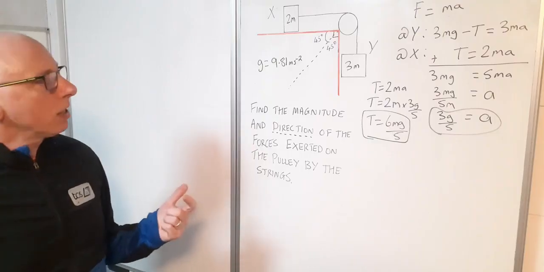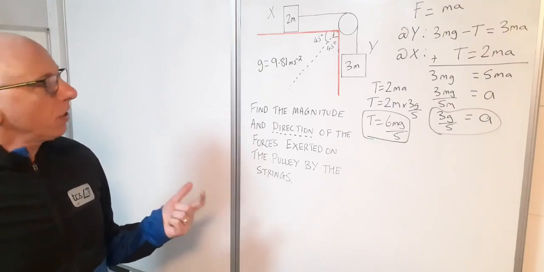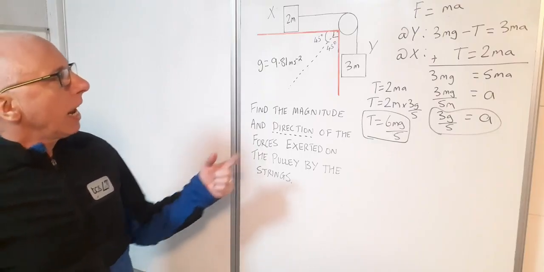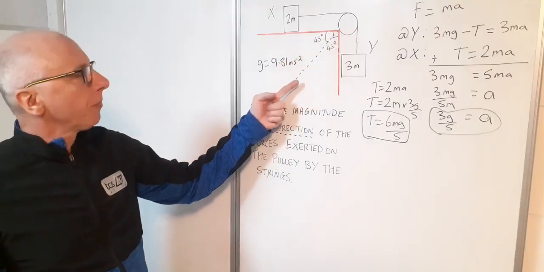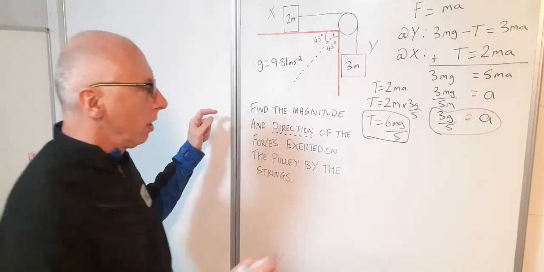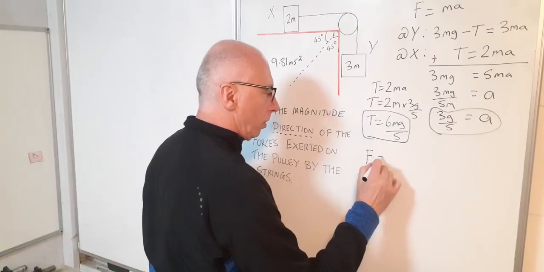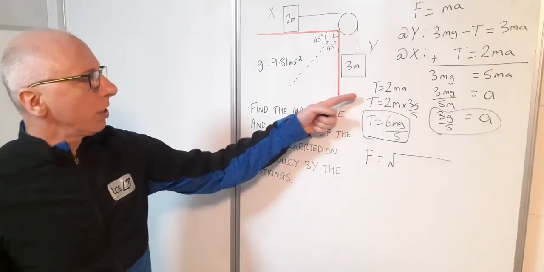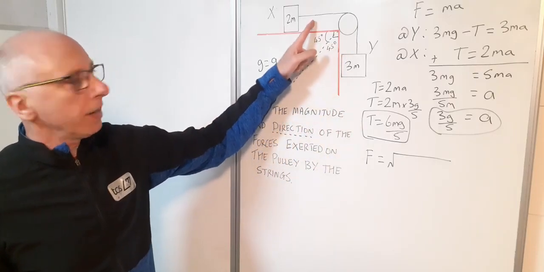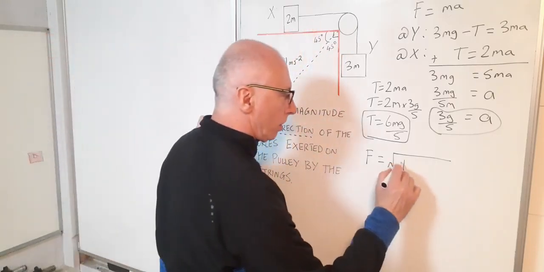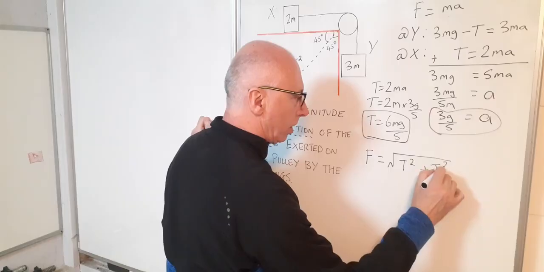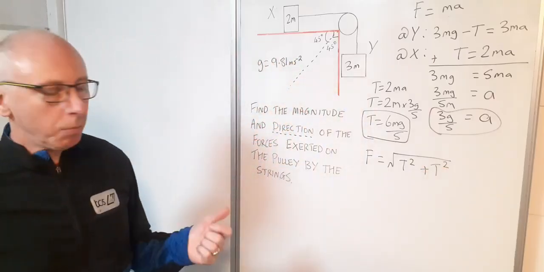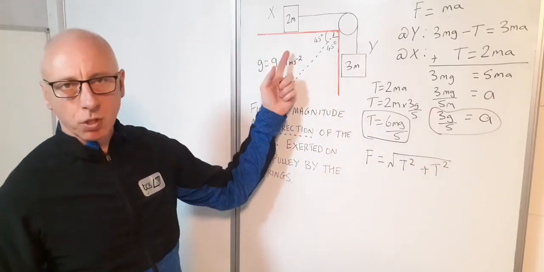Now there's two ways we can do this. First of all, as we've got a direction going in here, we could use the formula, which is the force would equal the square root of the two tensions, so this tension and this tension, T squared plus T squared. That will be what my force is, and it will be shared amongst the two.